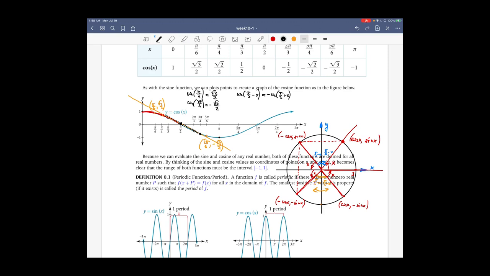So that gives us the portion of the graph from pi over 2 to pi.